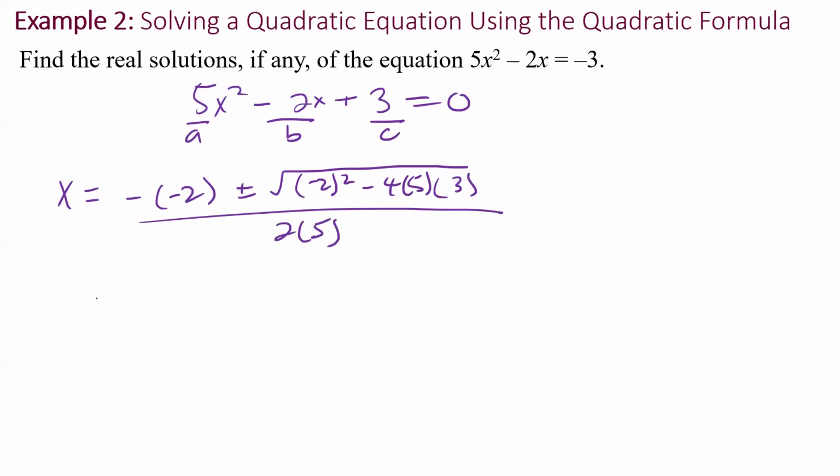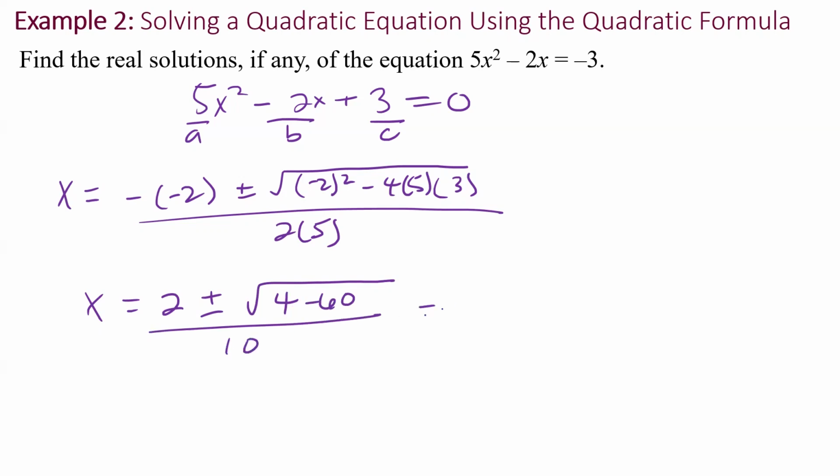Yes? There we go. And we get 2 plus or minus the square root of 4 minus 60 all over 10. This gives me 2 plus or minus the square root of negative 56 all over 10.